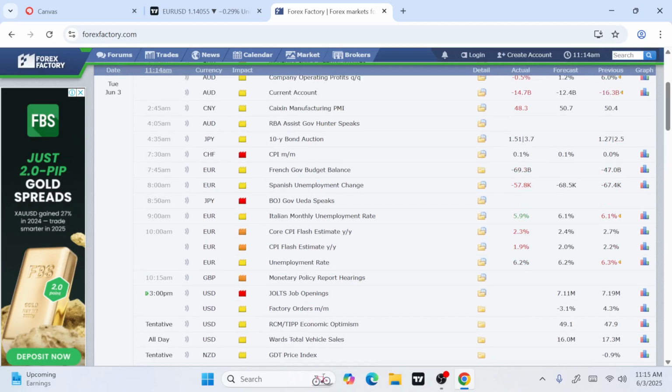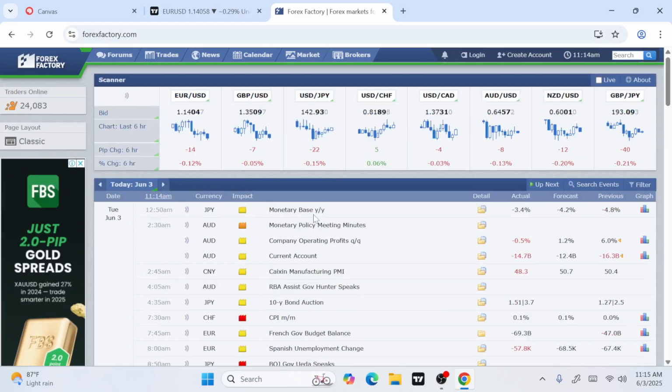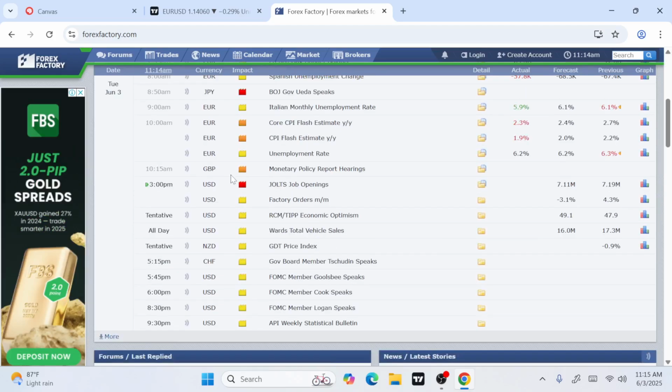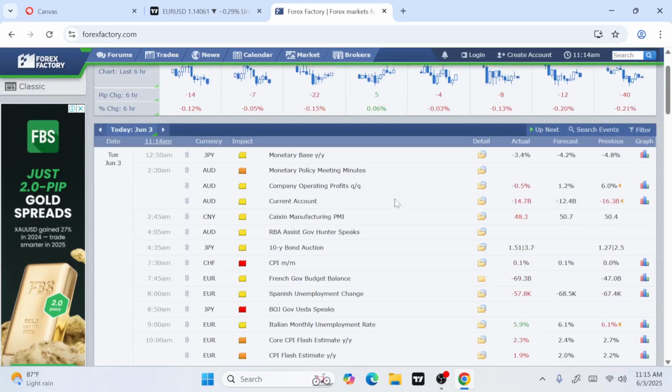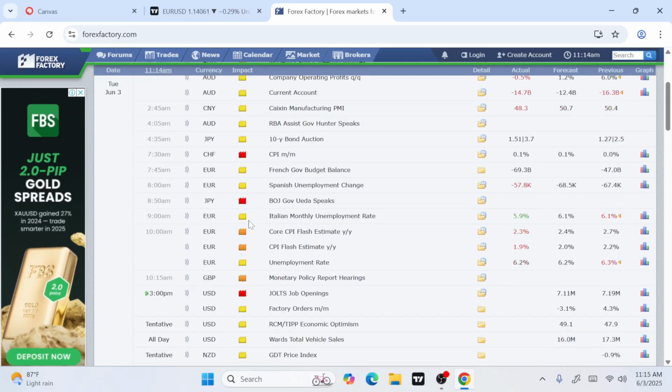The one you are trading. So if you are trading AUD USD, you are looking at AUD and USD. If you are trading NZD USD, you are looking out for NZD. Is there NZD?